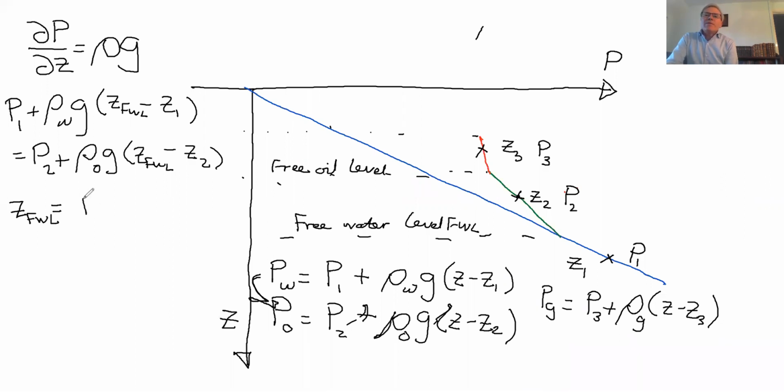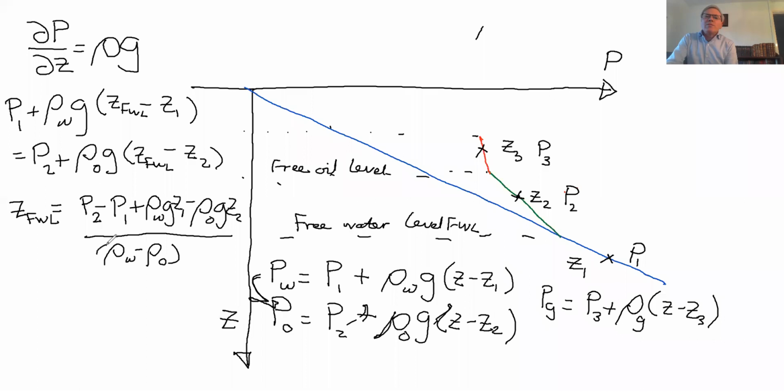So what we have here is on the top, P2 minus P1 plus rho W G Z1 minus rho oil G Z2. That's all going to be divided by rho W minus rho oil, G. Okay. So that's the first major result.